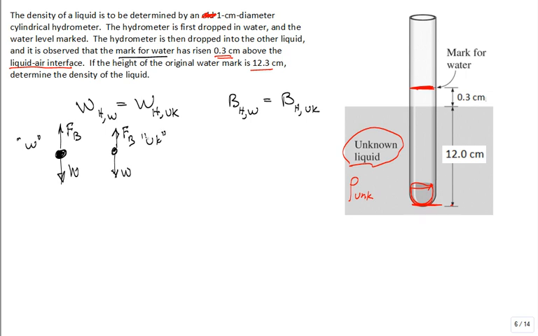Did I get my free body diagrams correct? For 2 cases. All right, now the question is, we just said the weight of the hygrometer didn't change. And then I asked the next question, did the upward directed buoyancy force between the 2 cases, one in water, one in the unknown fluid, did that change?